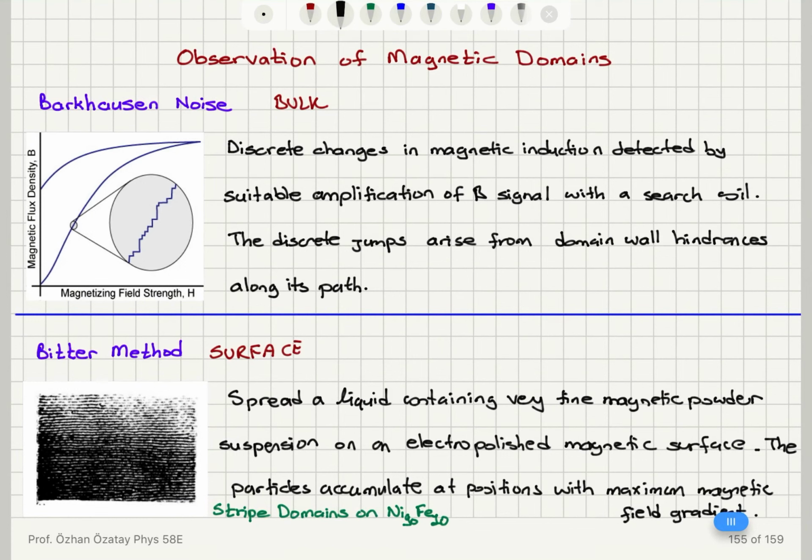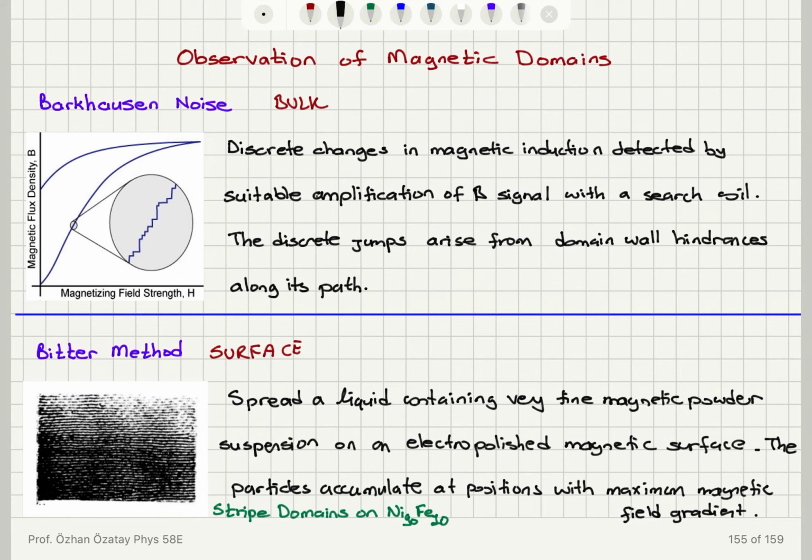We can observe the presence of magnetic domains indirectly by looking at the magnetic hysteresis curve, magnetic induction versus magnetic field strength. We can see discrete jumps that are signatures of domain wall pinning and depinning as domain walls sweep through the specimen.